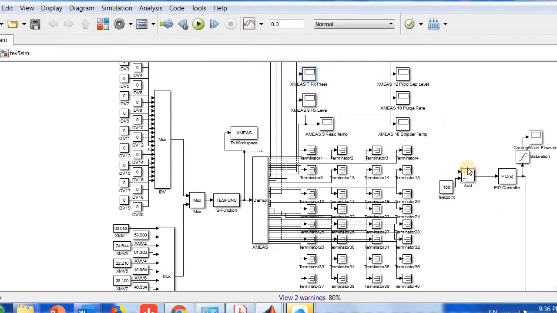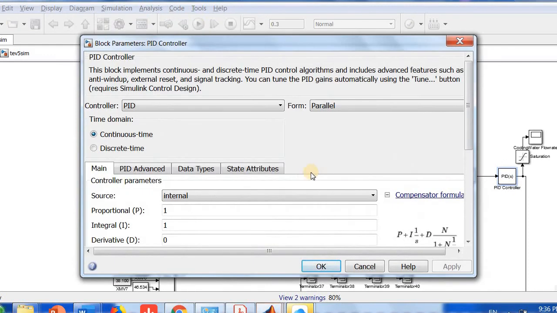By the way, is there anything to do with the KC, whether it is reverse acting or direct acting? It could be the reason. I don't know.